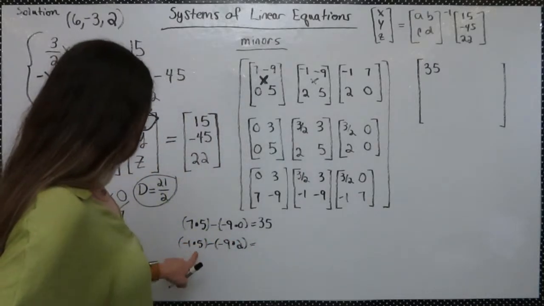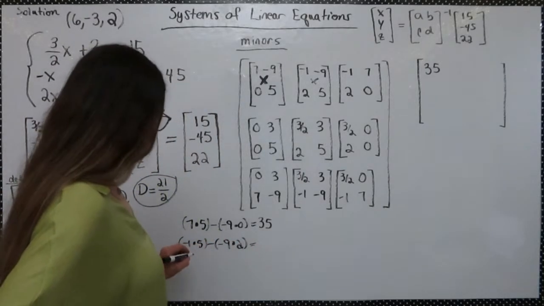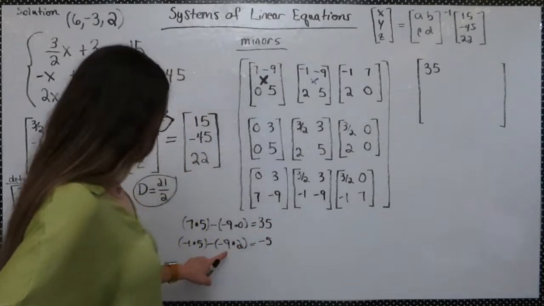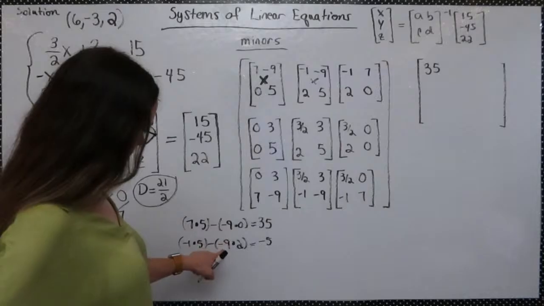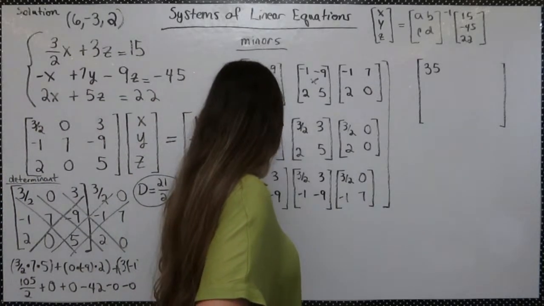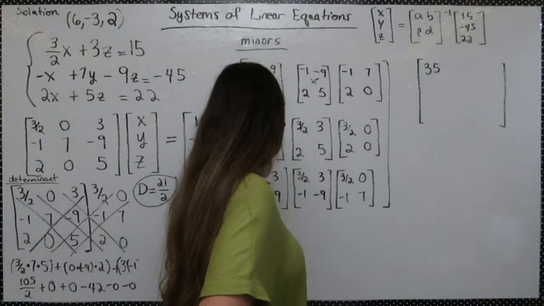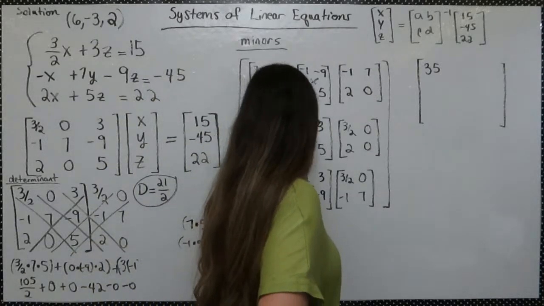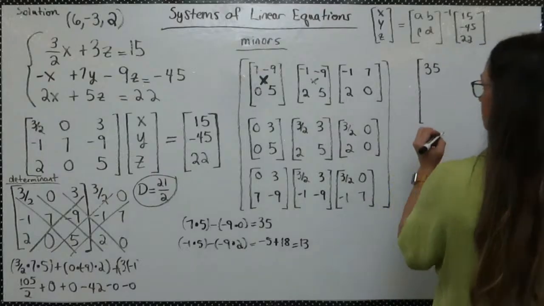So negative 1 times 5 is negative 5. 9 times 2 is 18. Negative times a negative makes it positive, so plus 18 is looking like positive 13 to me. So we'll put that one here.